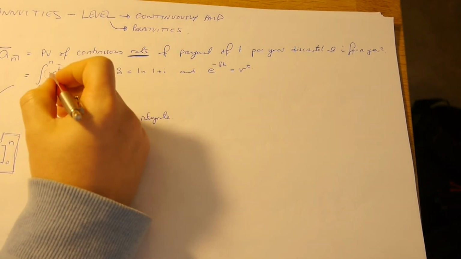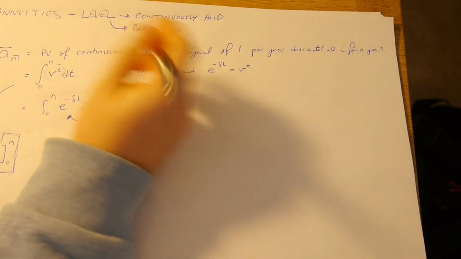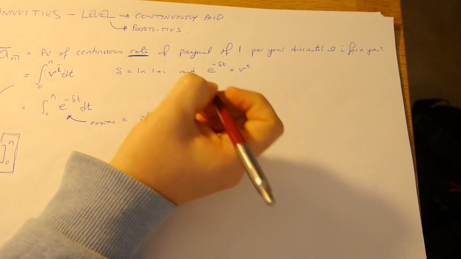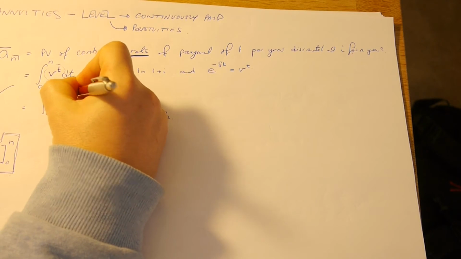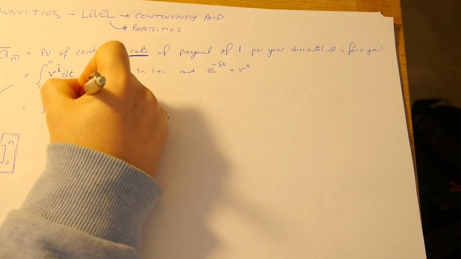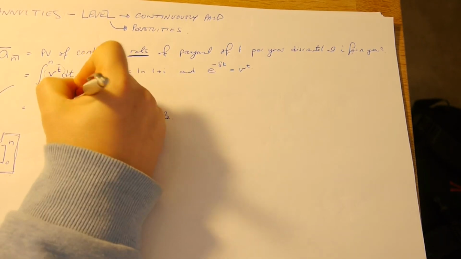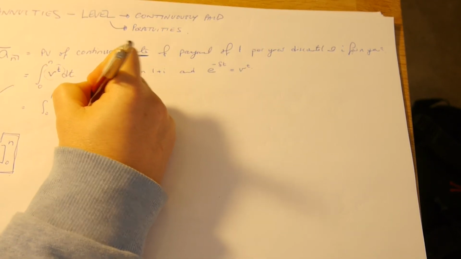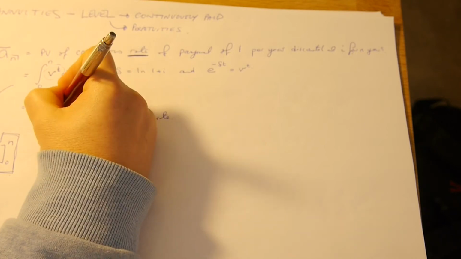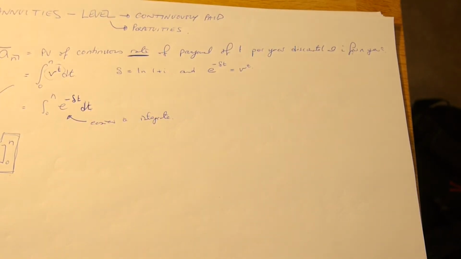Anyway, either's fine. v to the t is fine, because we're using an effective interest rate, so that's great. But as you've got further into your mathematical studies, and as I know from actuarial exams and work, exponentials are handy to have and use.